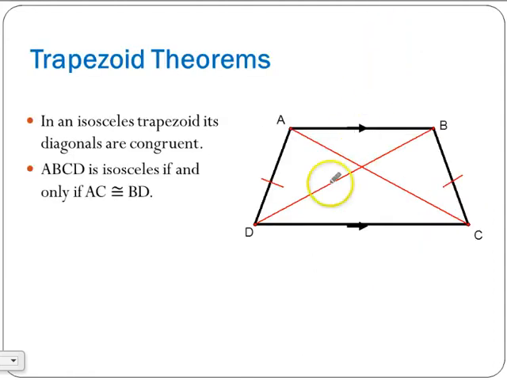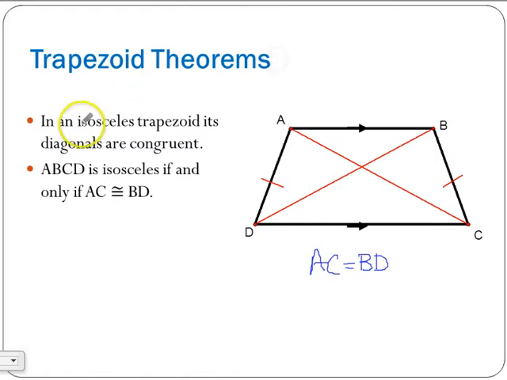Another property of trapezoids is that the diagonals are going to be congruent. So AC will be equal to the length of BD. Our diagonals are congruent.